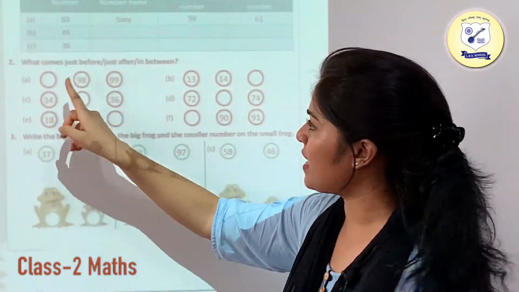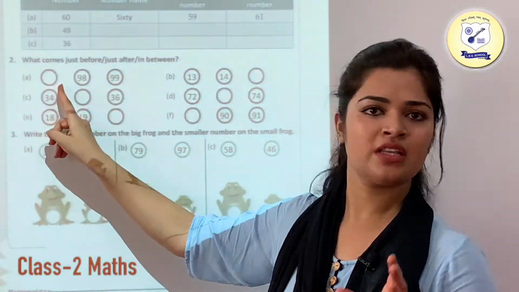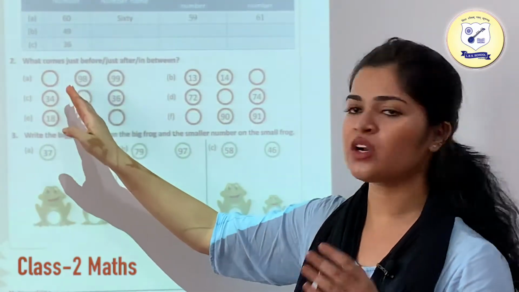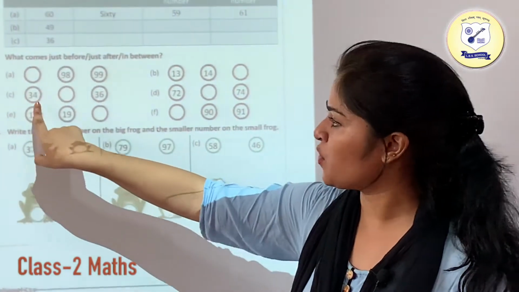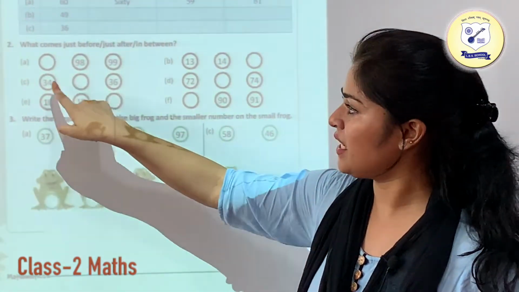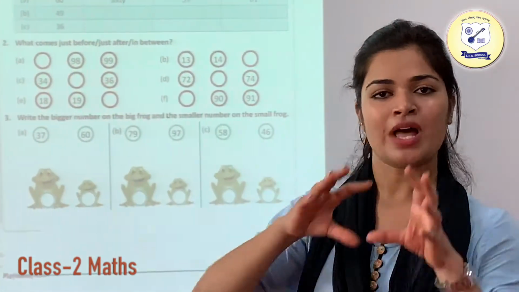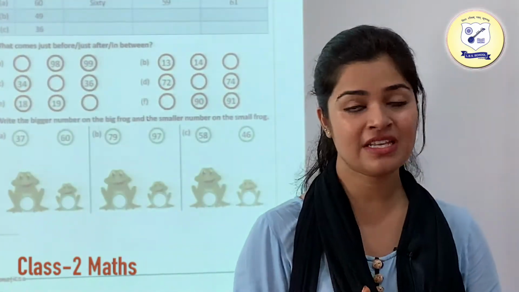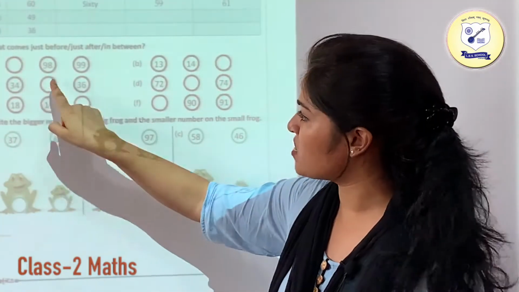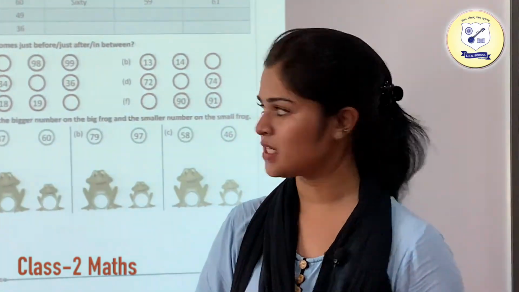As you can see that this circle just comes before that of the 98. So what we are going to fill in this is 97. Okay. Similarly, you can see that we are having an empty circle in between these two numbers. So that is going to be in between 34 and 36. What you are going to have is 35. So we are just going to write 35 in this circle.